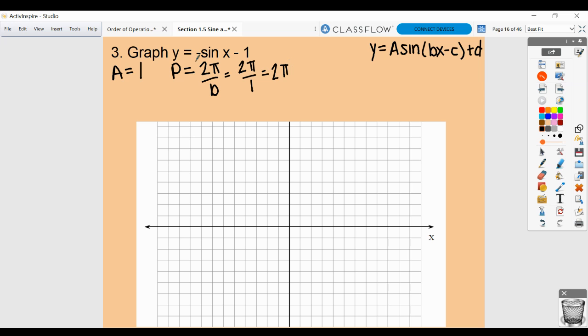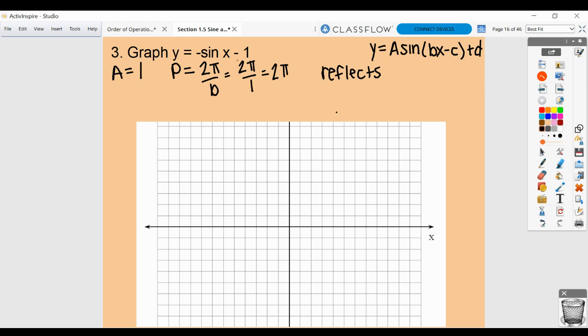And then this minus sign and the -1 are transformations. So if you remember looking back at the transformations on the first page of the notes, a negative sign means it reflects. So that means it flips over, basically.